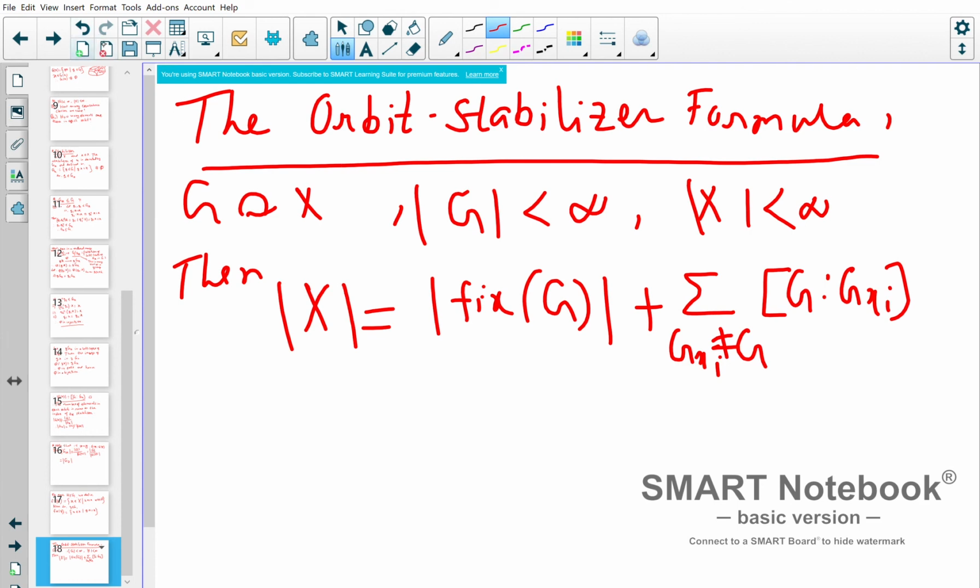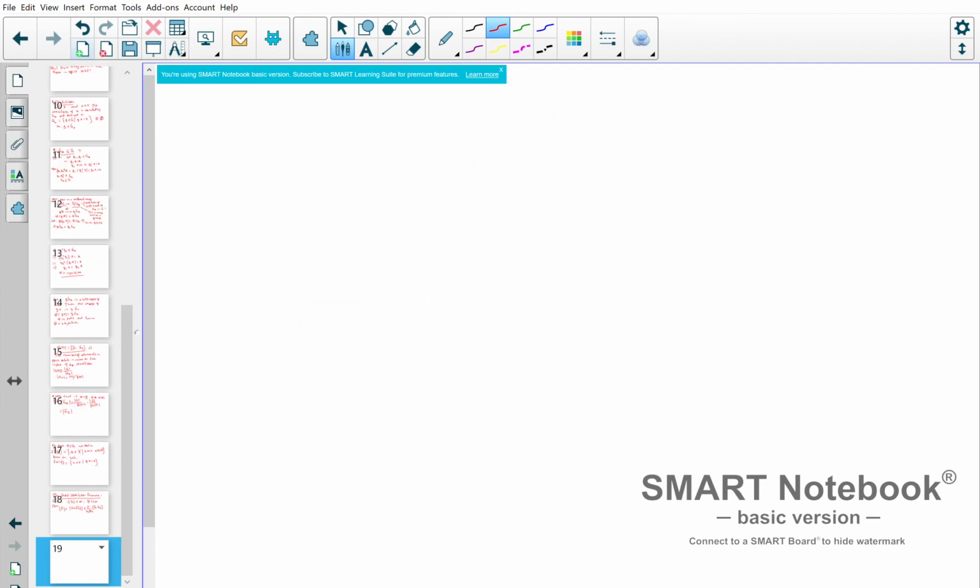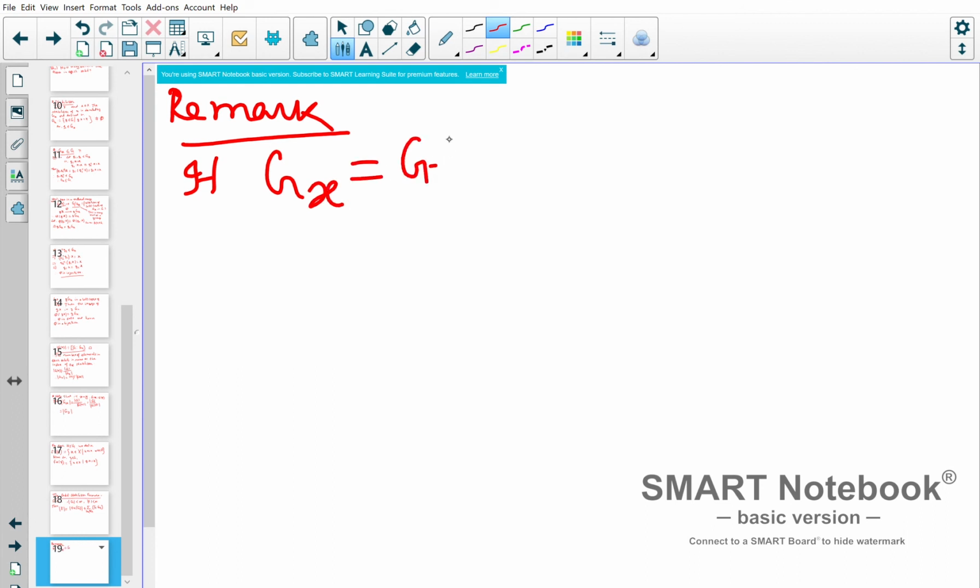So let us give a proof. Maybe I can first give some observations or a remark. If for some x, Gx equals G, then the stabilizer is the full group. What is the meaning of the stabilizer?